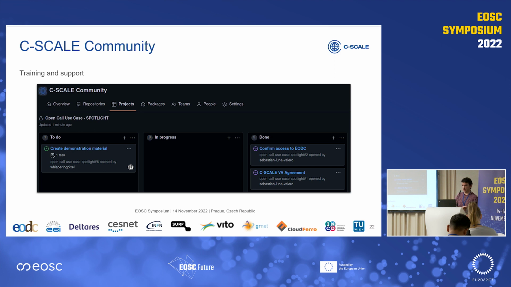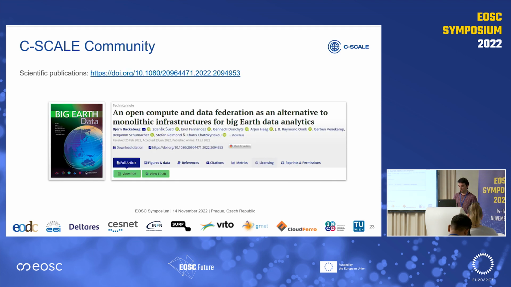Then we also do training and support, again using GitHub. For every use case, we want to create a repository, and with the GitHub Projects feature, we can create Kanban boards so we can track progress of the use cases, and use cases can also submit questions on how to perform certain tasks. We can engage with them from the project to help them achieve their goals.